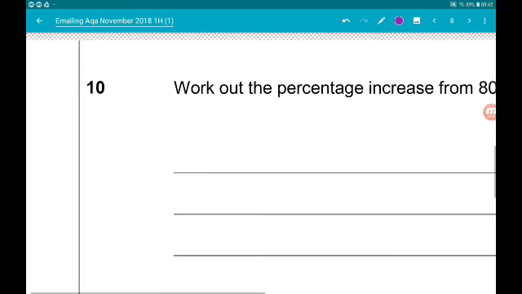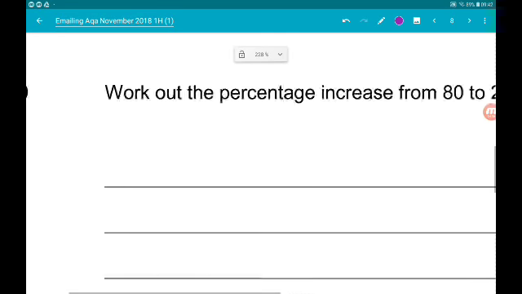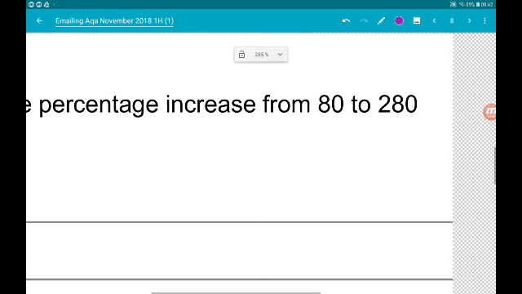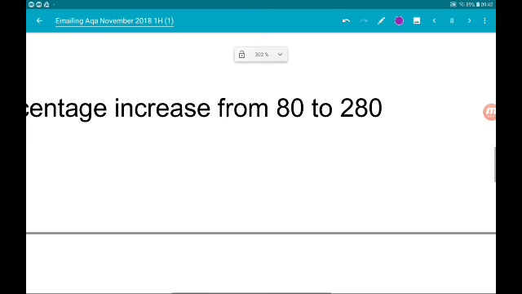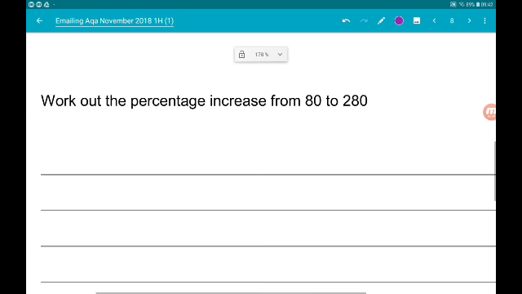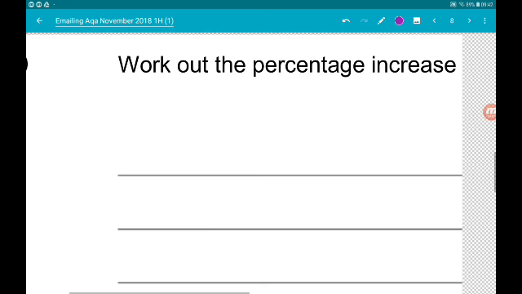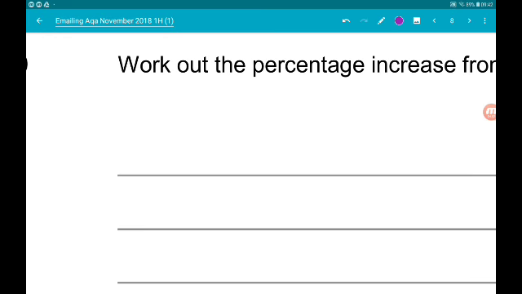Question 10. Work out the percentage increase from 80 to 280. Okay, so let's first of all just work out the increase as a number.